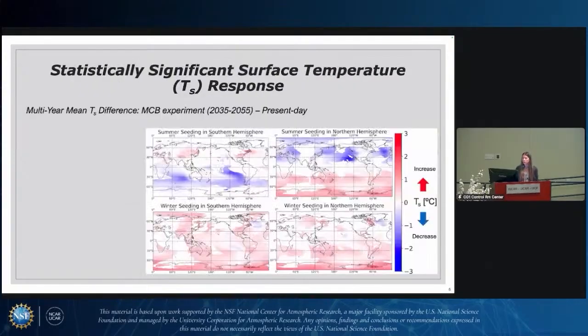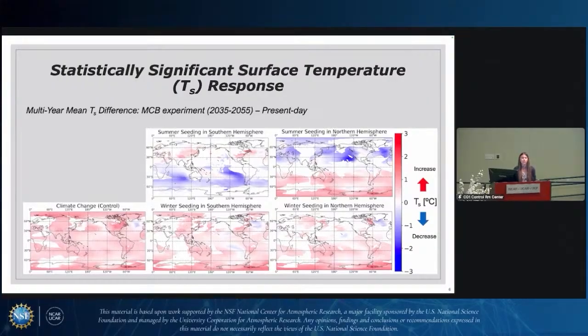The surface temperature response of our MCB experiments compared to the present day level suggests that summer seeding leads to a significant amount of cooling, up to 3 degrees Celsius in some regions, but the cooling patterns are non-uniform, largely cooling the seeded hemisphere. And our winter seeding strategies lead to a more uniform impact on temperature, but there is minimal cooling achieved here, as the surface temperature response resembles that of SSP2 4.5.